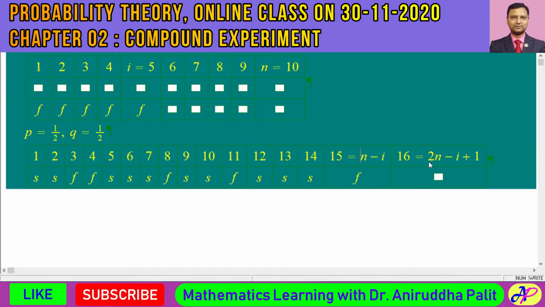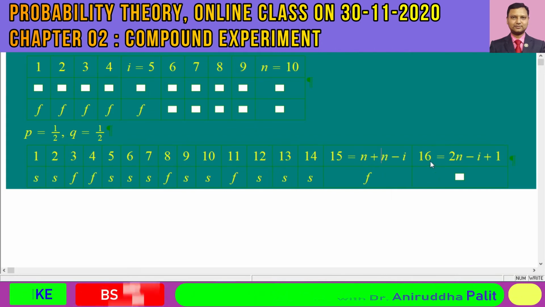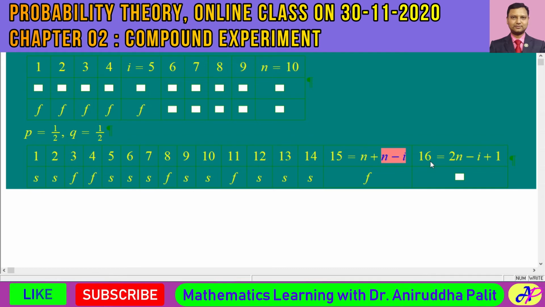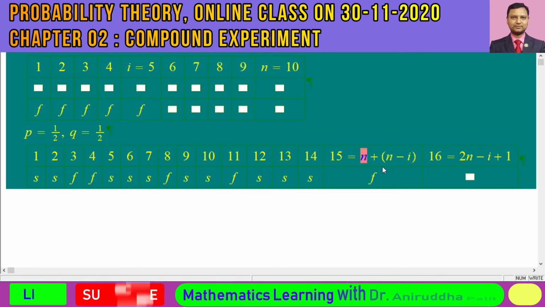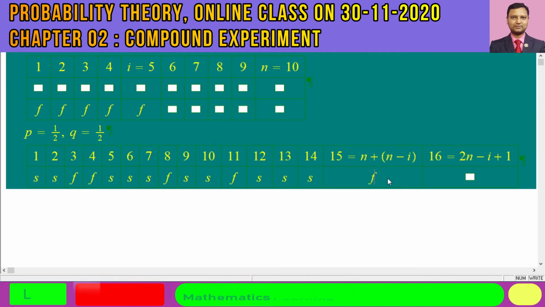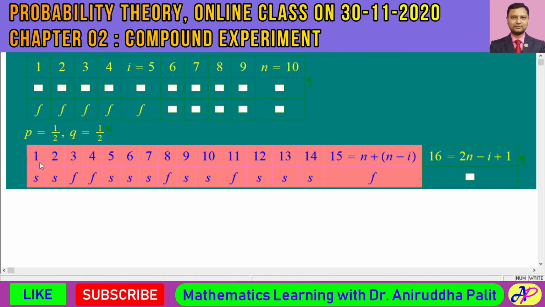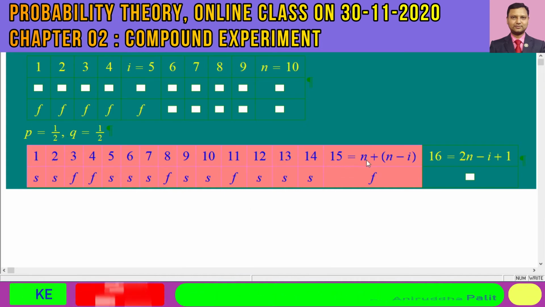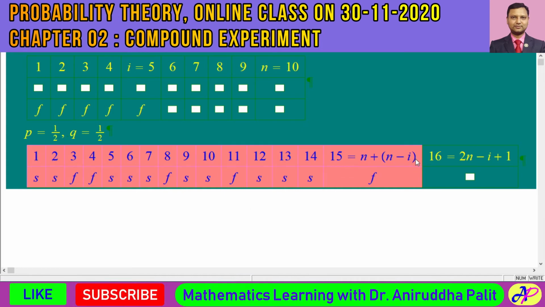That means 2n minus i can be written as n plus n minus i. The first n refers to the number of successes, and n minus i refers to the number of failures in the previous 2n minus i trials.